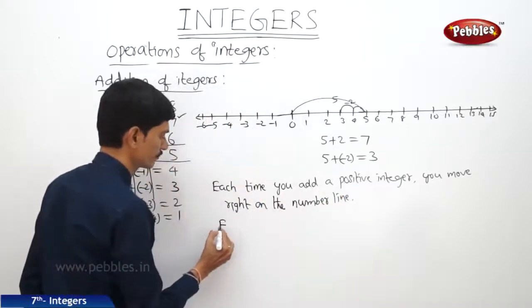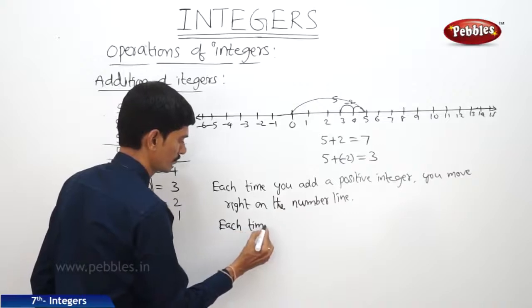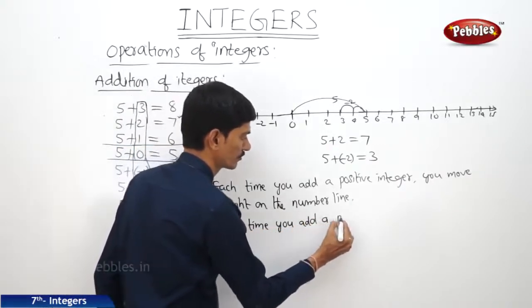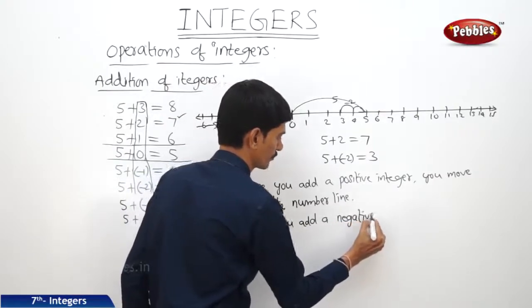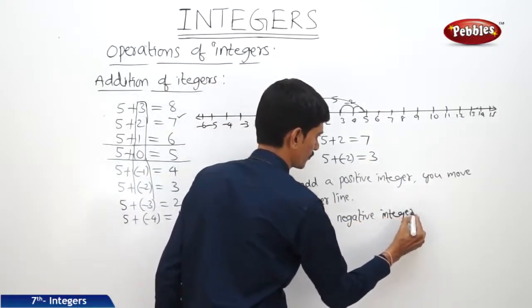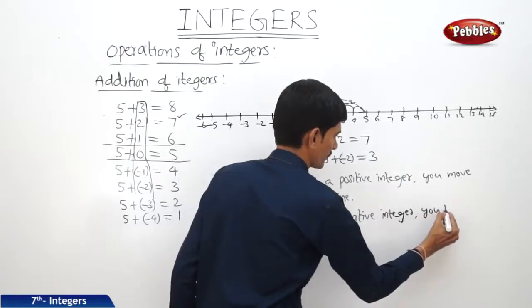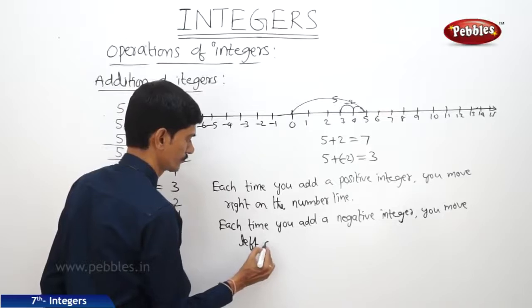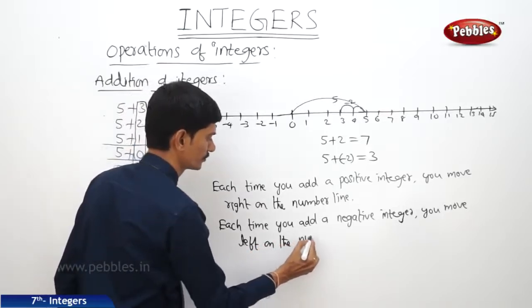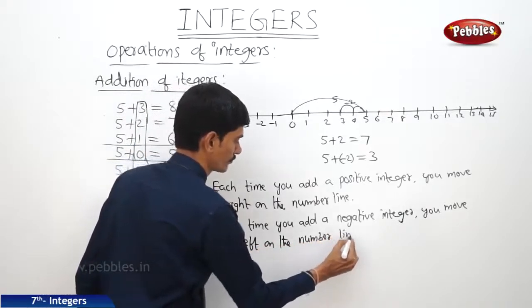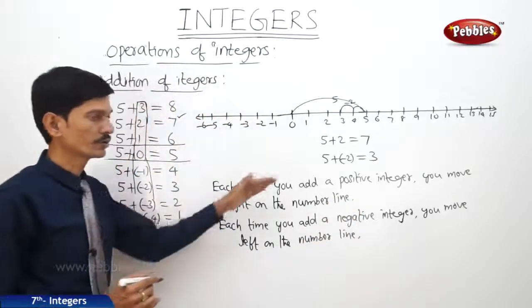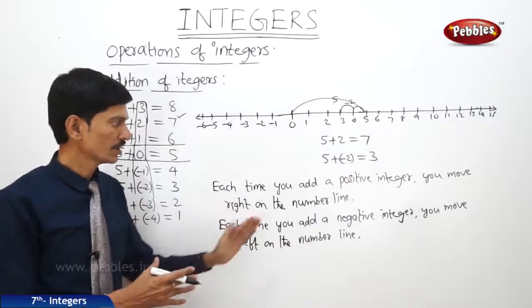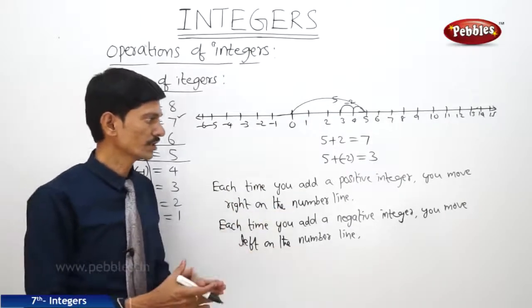Then each time you add a negative integer, you move left on the number line. So when you add a positive integer, we move right on the number line, and when you add a negative integer, we move left on the number line.